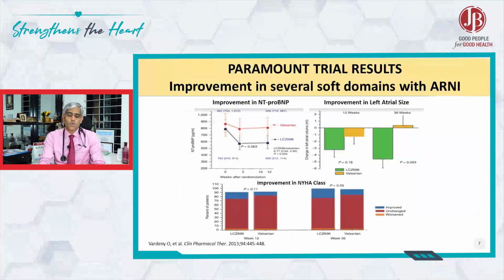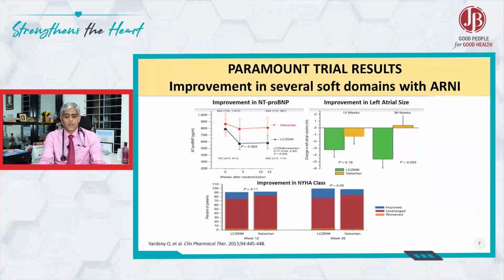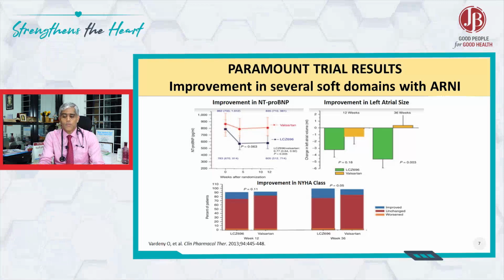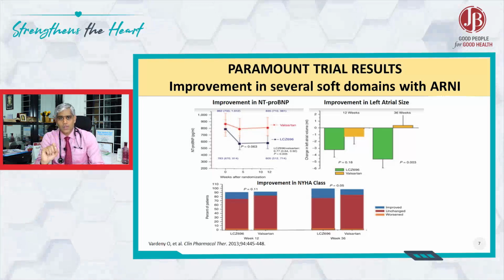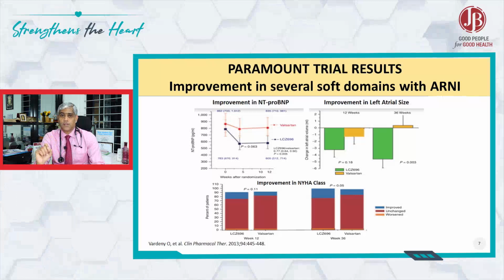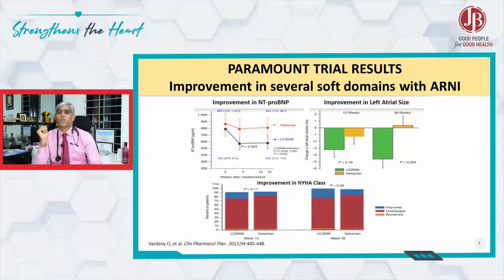So far there are two good trials with HFpEF. One is the PARAMOUNT trial, which showed improvement in a variety of softer domains with ARNI, or we can say a lot of surrogate markers showed improvement. It's very difficult to prove a direct mortality benefit in HFpEF if the majority of deaths were non-cardiac.